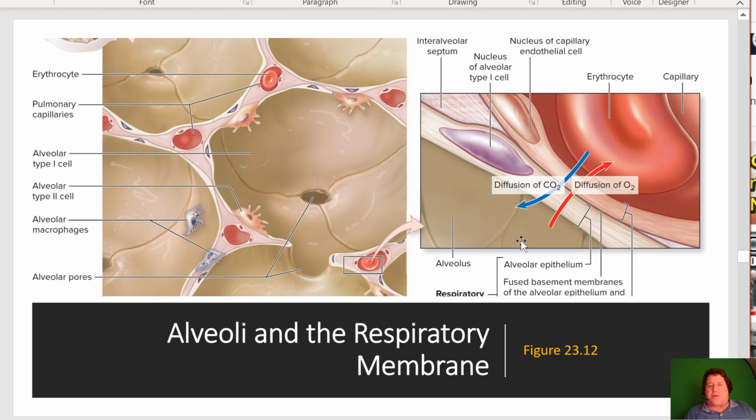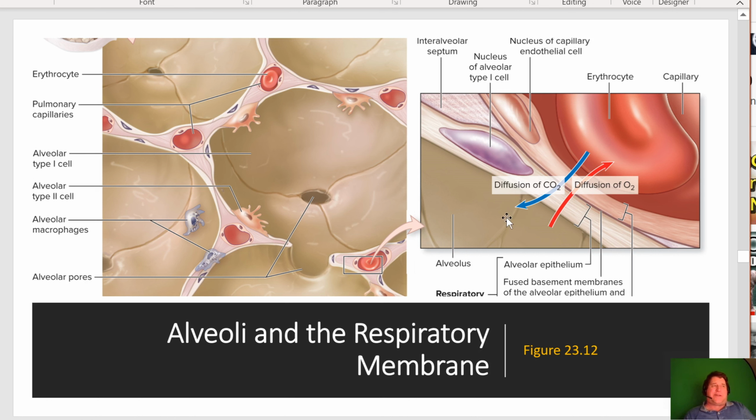Here's a very close up of it. So out here is the lumen of the alveolus, and it's basically still outside the body, right?